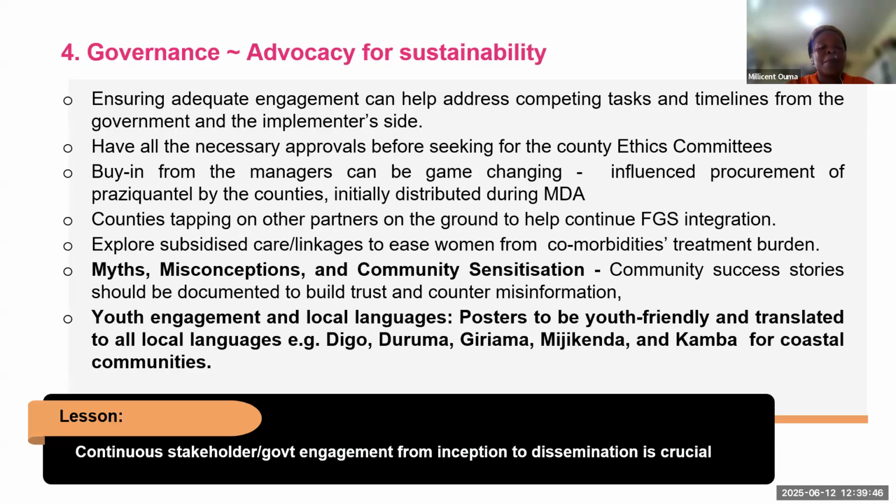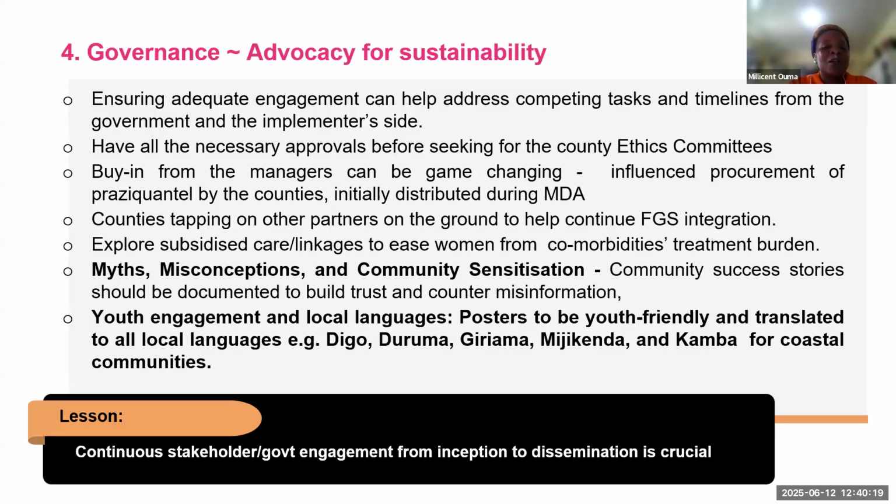Since these people are also the same people who would help to approve the project, there's a need to really know them and give them information in advance, because sometimes the project's timelines coincide with the county timeline. So if there's no appropriate engagement, then you find the activities delayed.